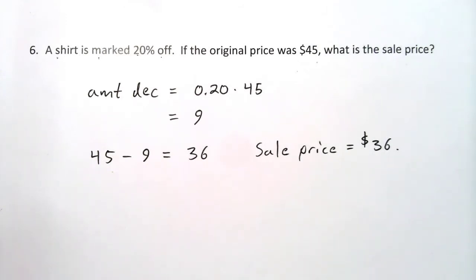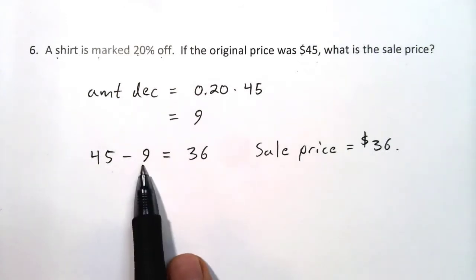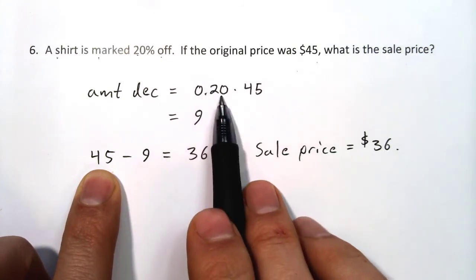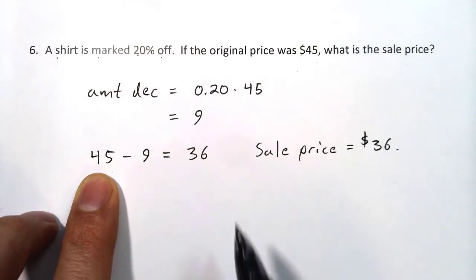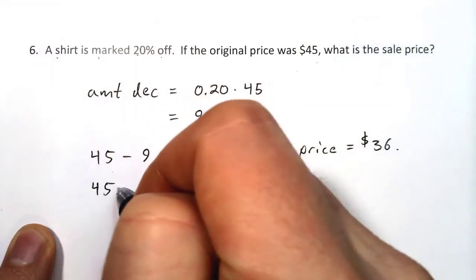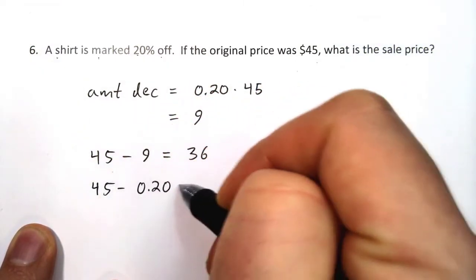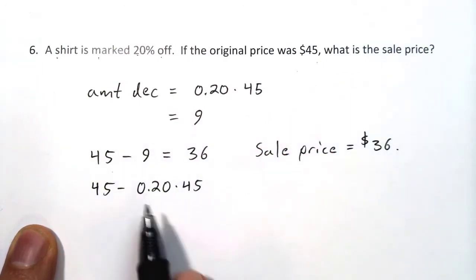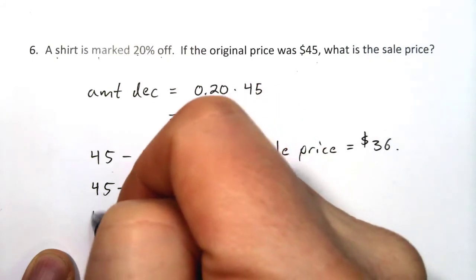Now let's do the same thing we did before. Let's take our computation here and realize that 9 is really the same as 0.2 times 45. But now I can factor out the 45.